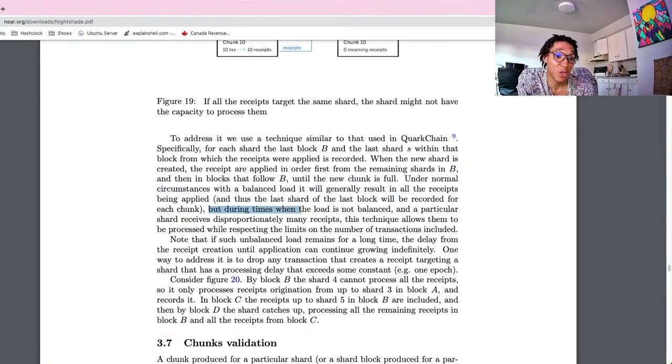But during times when the load is not balanced and a particular shard receives disproportionately many receipts, this technique allows them to be processed while respecting the limits on the number of transactions included. This is where I think EIP 1559 can be useful in other chains to try and get some sort of algorithmic load balancing.